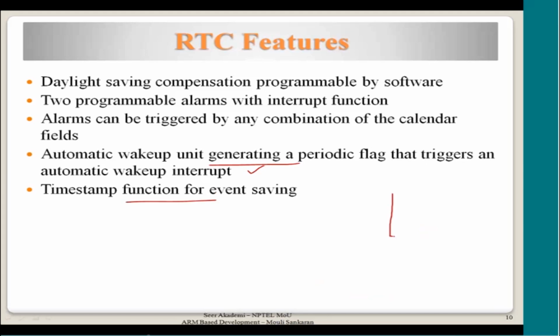So sometimes when you are, maybe you have heard about the data recorder, the black box in a flight. It has to record the information about all the flight details periodically. So it has to log that information.